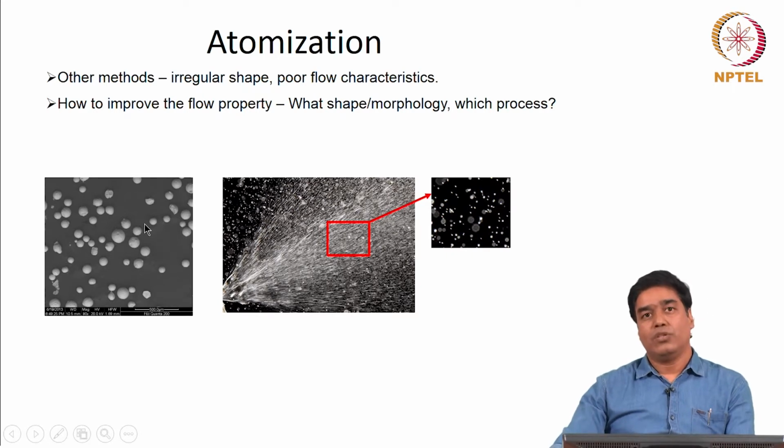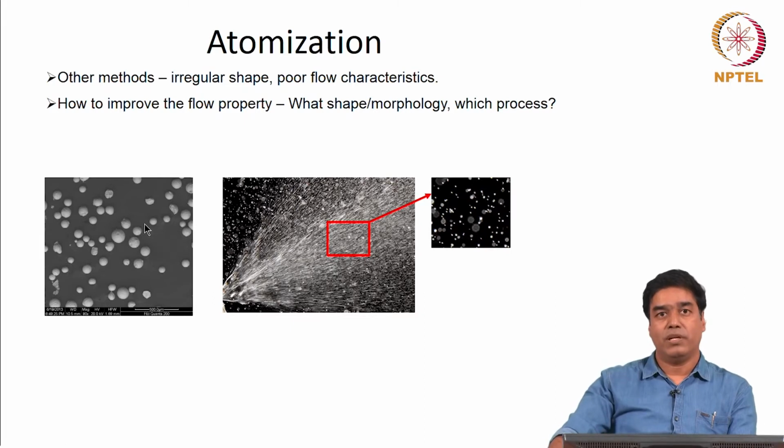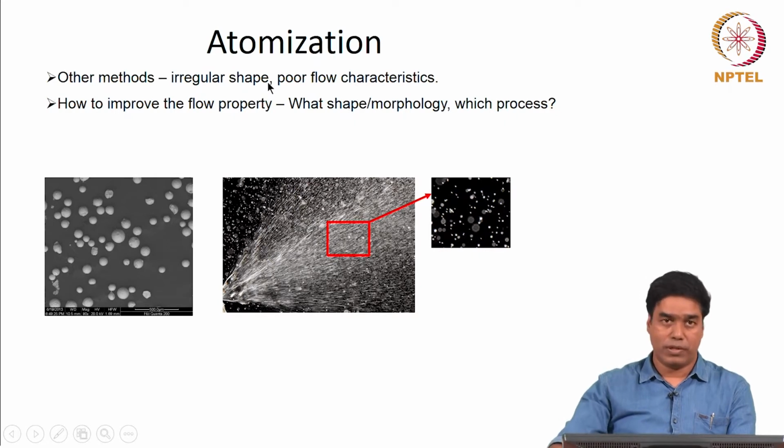So, this is the process that we are going to talk about right now, the process of atomization for making metal powders.